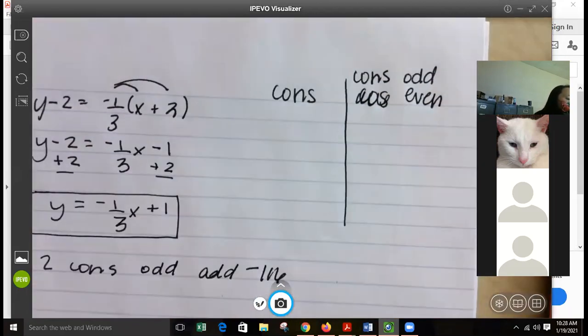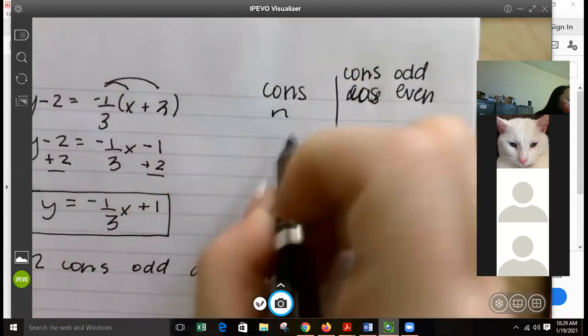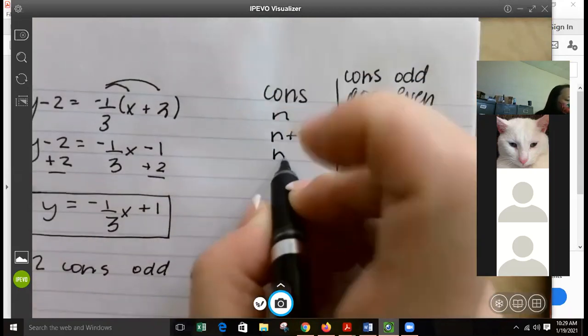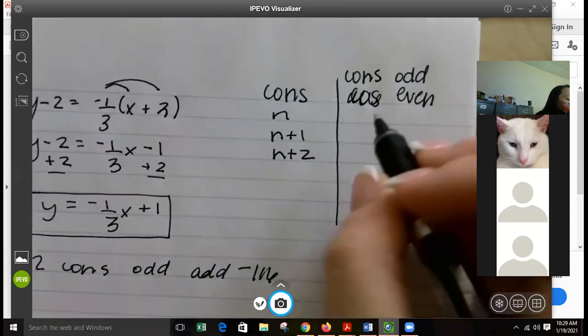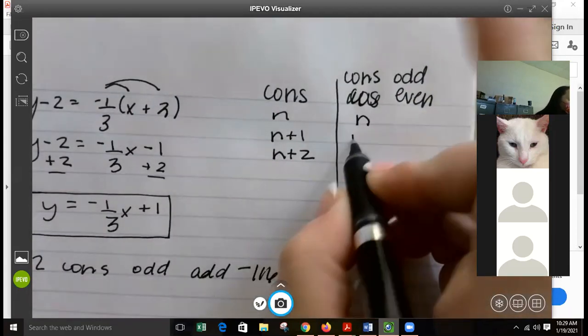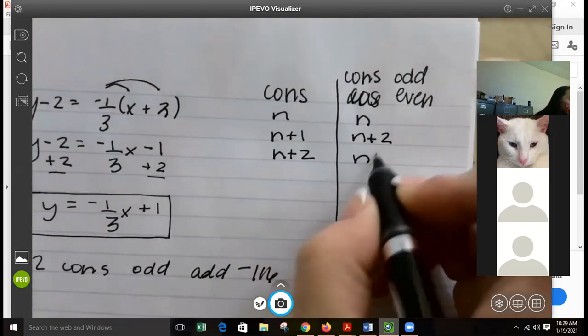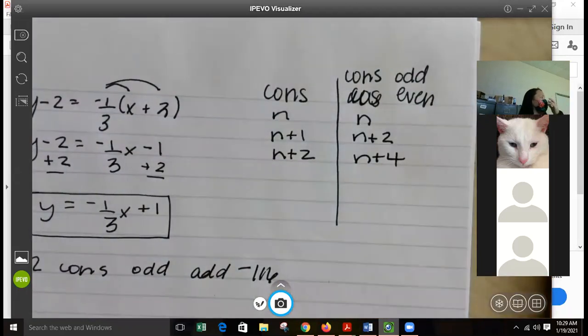If it asks just for consecutive, it's going to be n plus 1, n plus 2. If it's odd or even, it's going to skip: n plus 2, n plus 4. They don't go over 3 numbers. That's the most you're going to get. You're not going to get 4, 5, 6 numbers. All right.